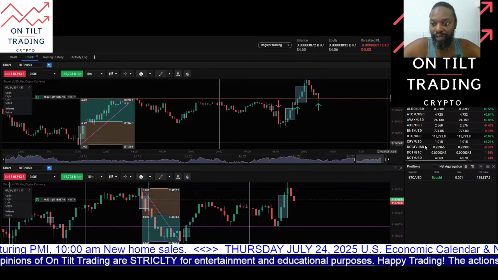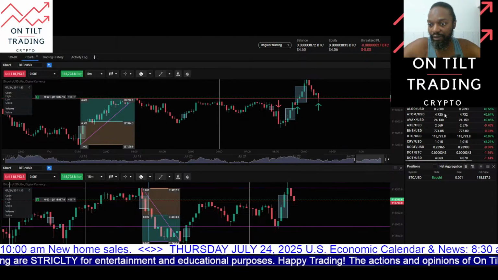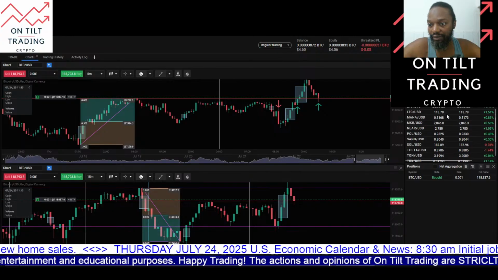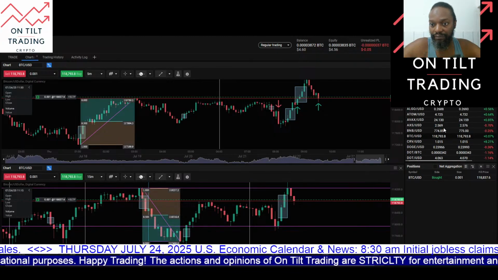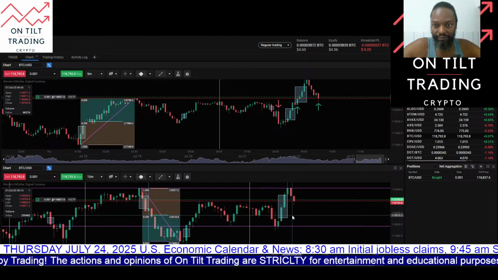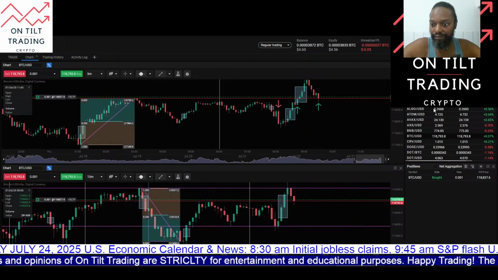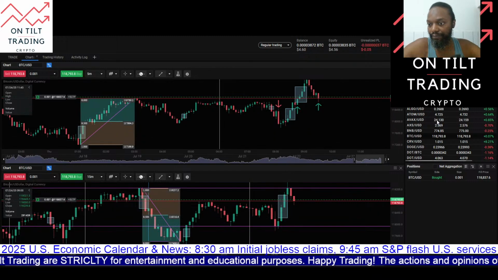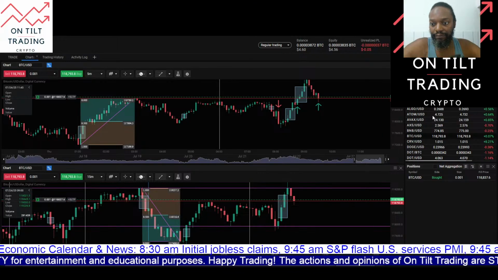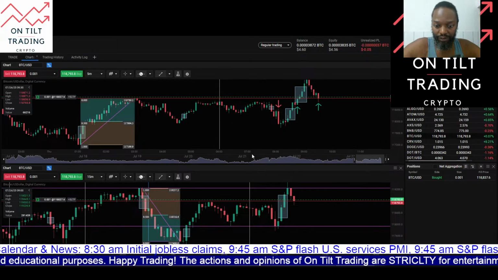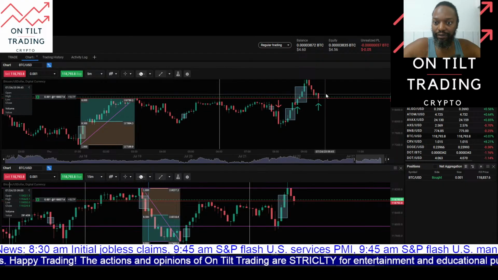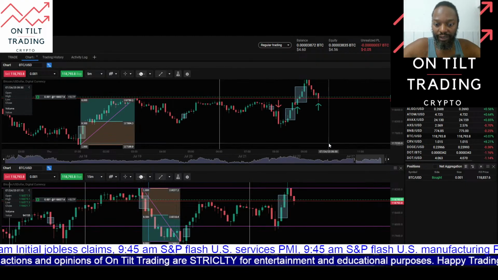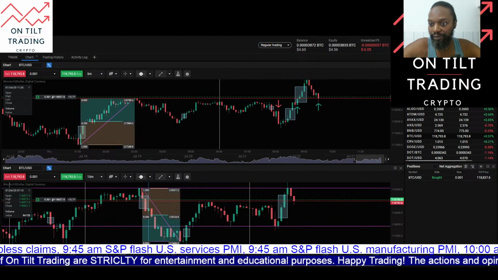And I'm seeing no activity here. I should be seeing activity here. Something is off. And I'm not certain what it is. Something is off here. So there is still price action unless the entire market has been frozen.